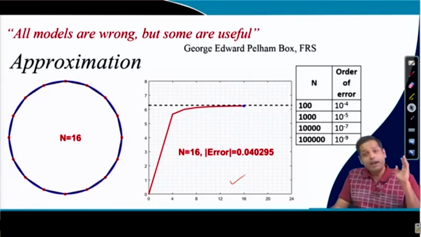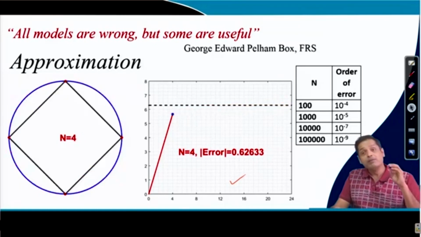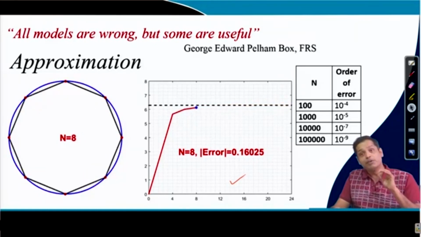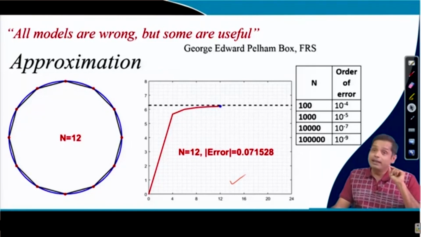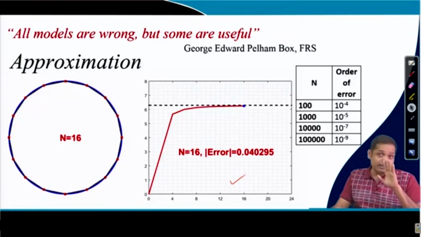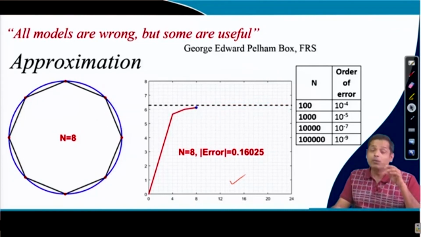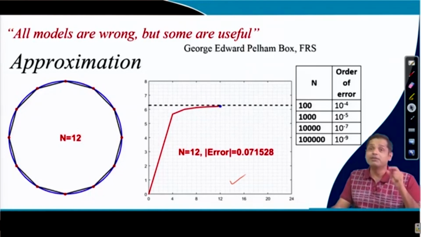For instance, in the first case, we were looking for the area, and when we divided the entire area into small squares, we know the area of each square. So that information is available with us. In the second case, we were looking for the circumference. So when we divide it into segments, for each segment we know the length.